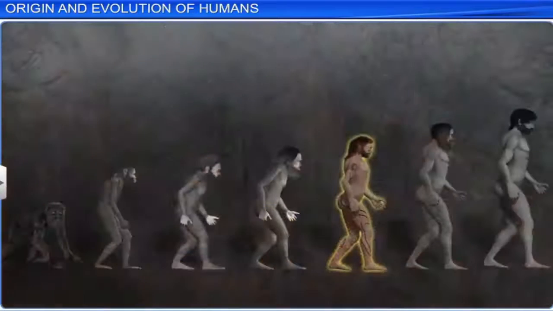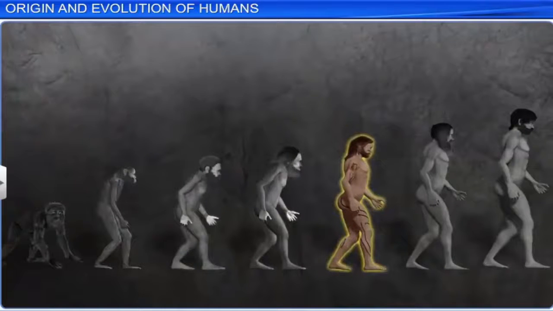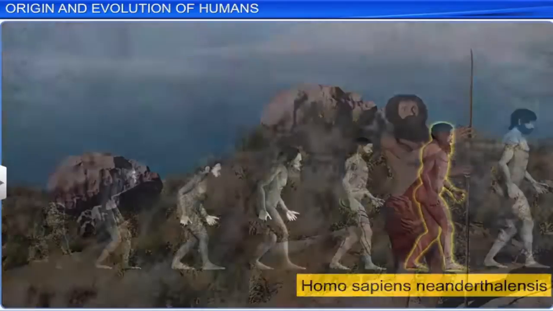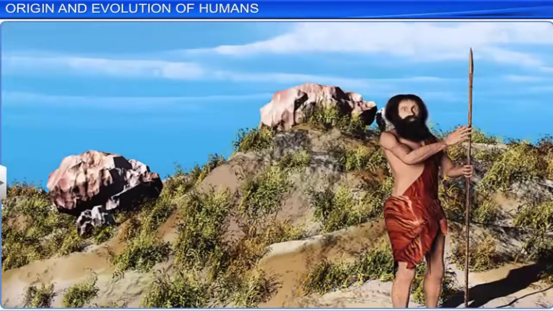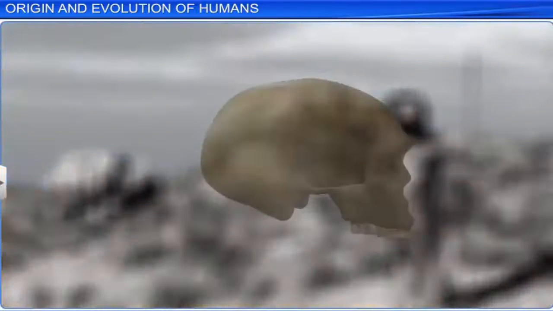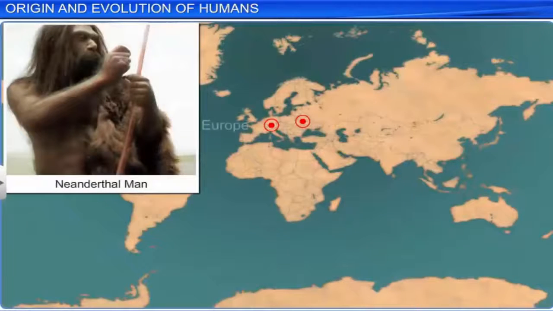After Homo erectus, there were several stages that led to the evolution of Homo sapiens. Fossil evidence suggests that between 1 lakh to 40,000 years ago, Homo sapiens neanderthalensis, or Neanderthal man, with a brain size of 1400 cubic centimeters, lived in Europe, northern Africa, and eastern and central Asia.